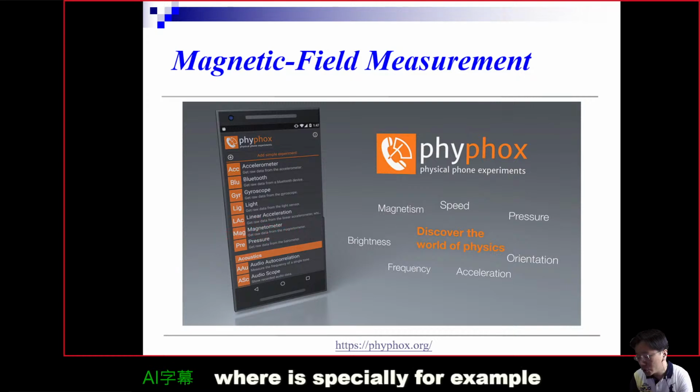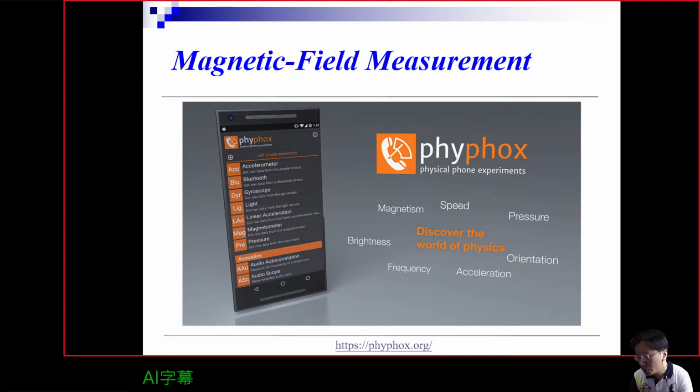For example, I can show you here. Just wait a moment. I will share my experiment.